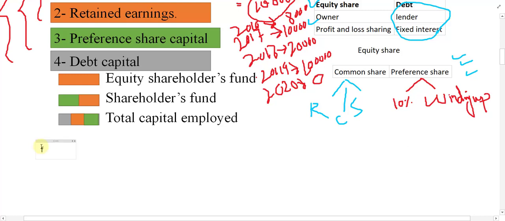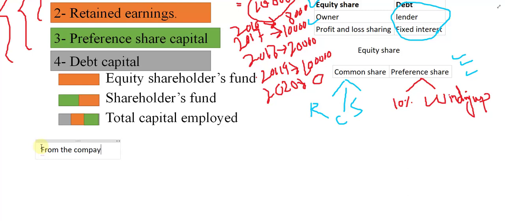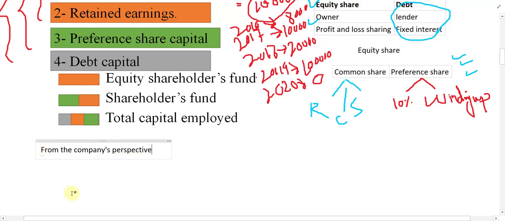Let us say from the company's perspective, we have to make three columns here.